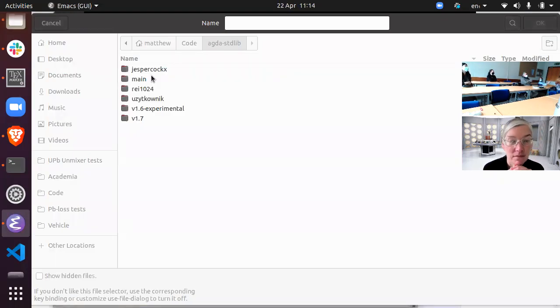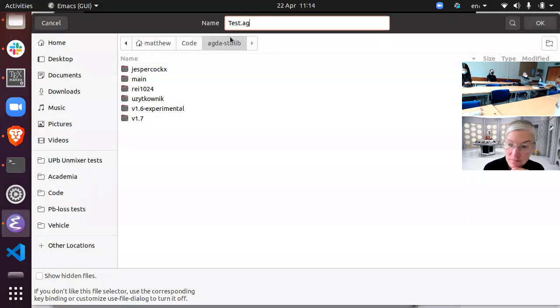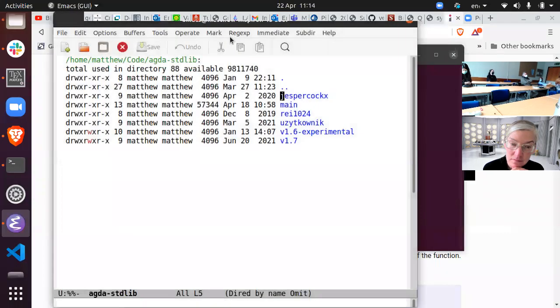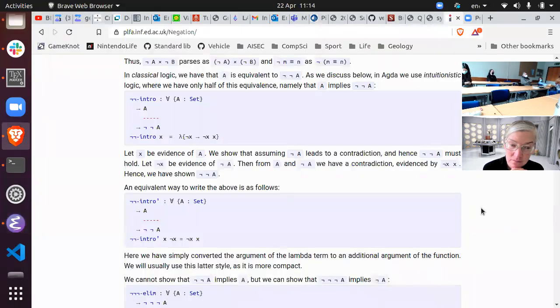Well, A is any type, right? Polymorphically quantified. You know nothing about A, so how can you get an A? What they give you is a not A, so some sort of function space, and what you need to produce is an element of an arbitrary type.